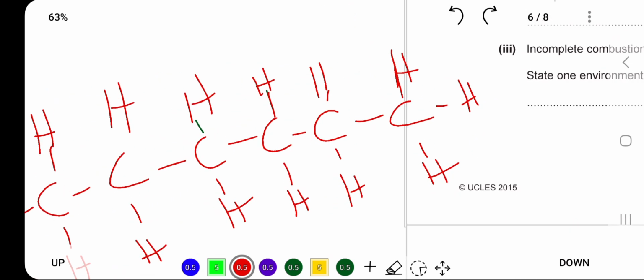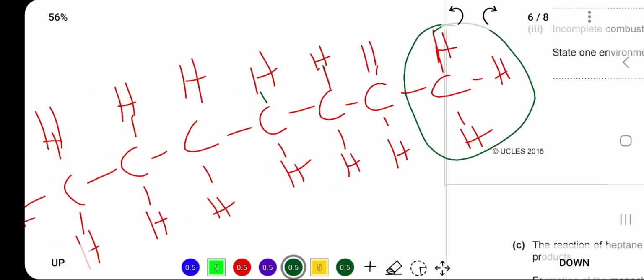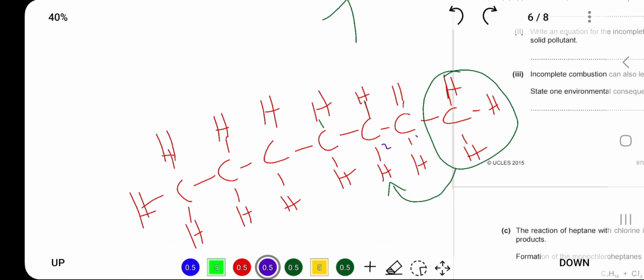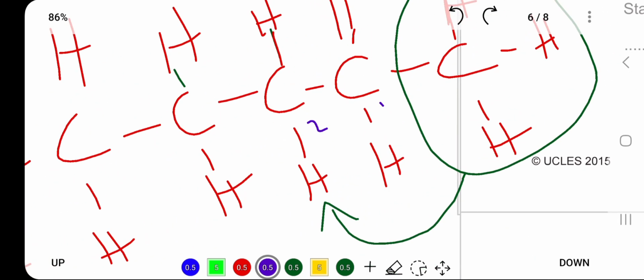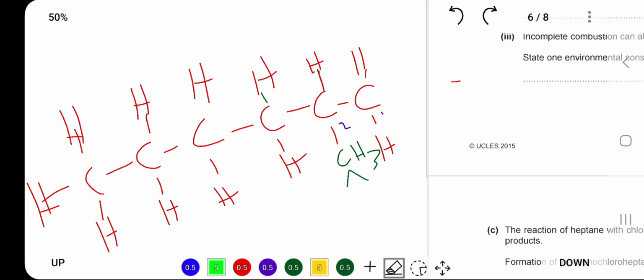What if I again moved a carbon chain and put it, let's say, on the 2nd carbon, to give me CH3 here? Forget about this.